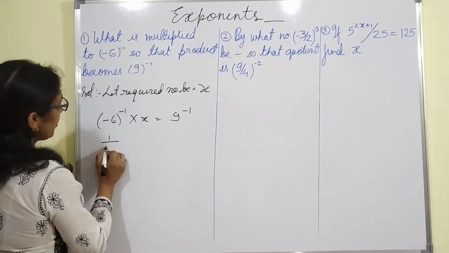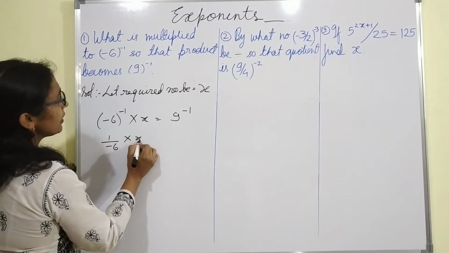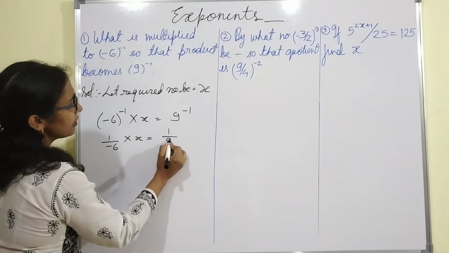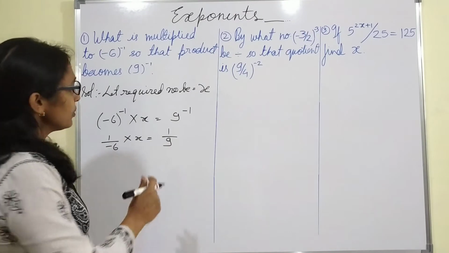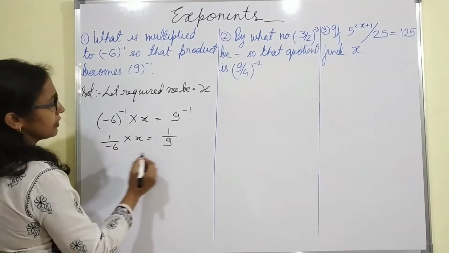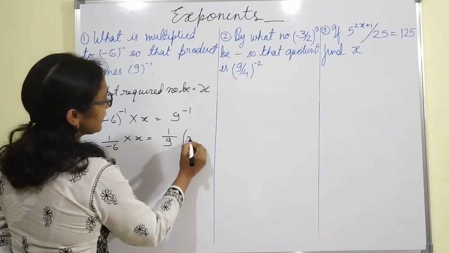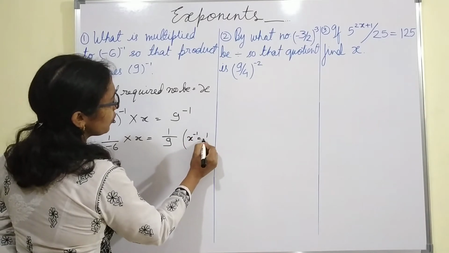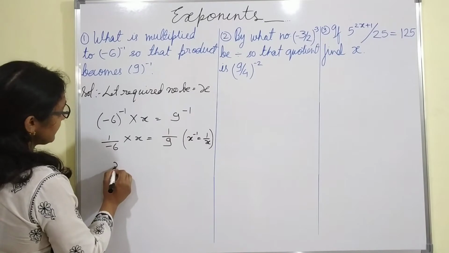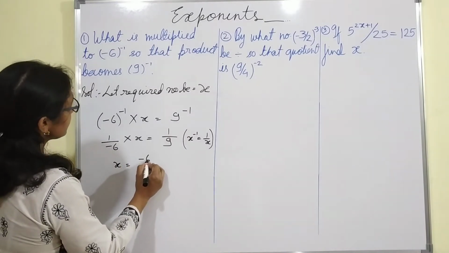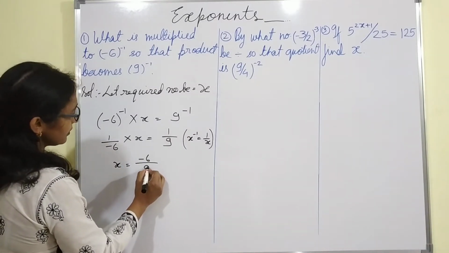So 1 upon minus 6 into x equals 1 upon 9. Power is negative, so the number will become reciprocal. You have to write here x power minus 1 equals 1 upon x. So x equals minus 6 upon 9.